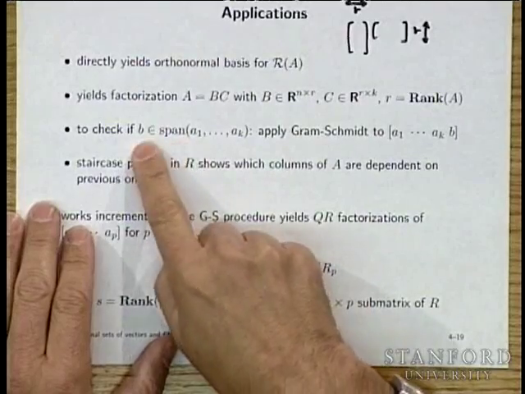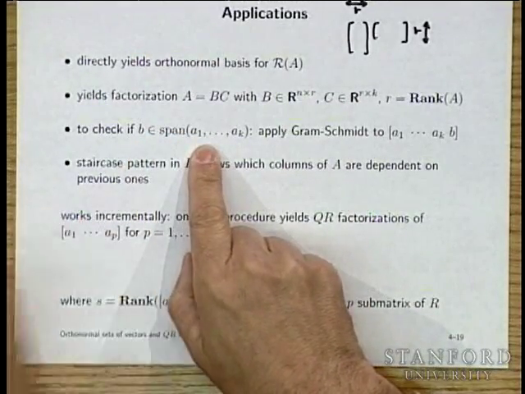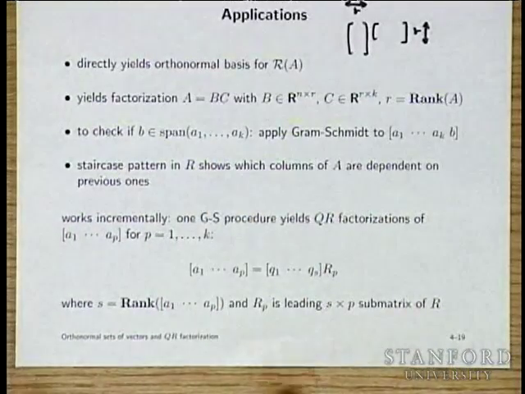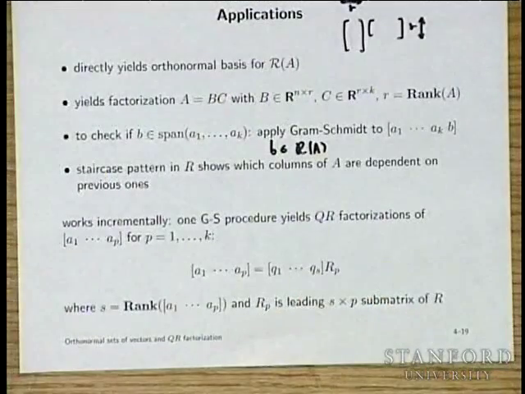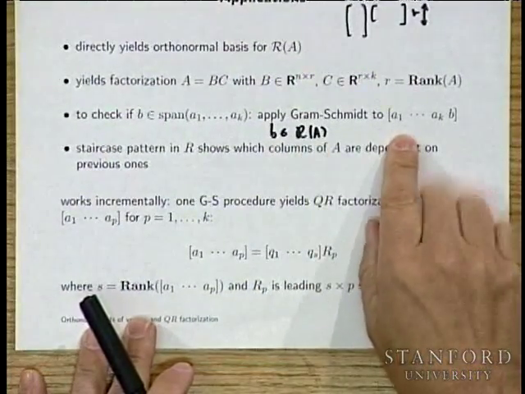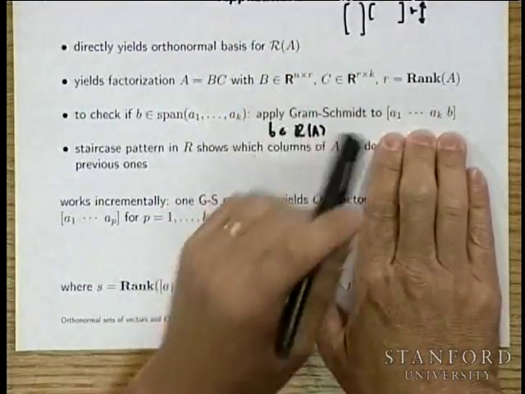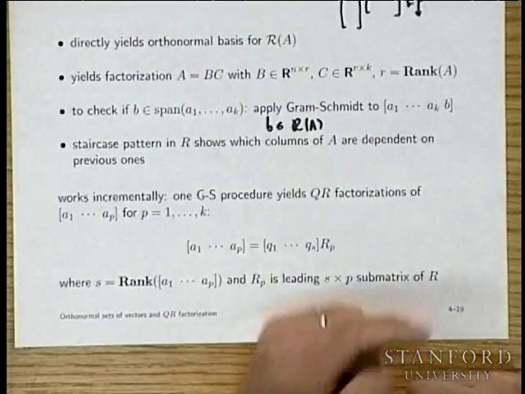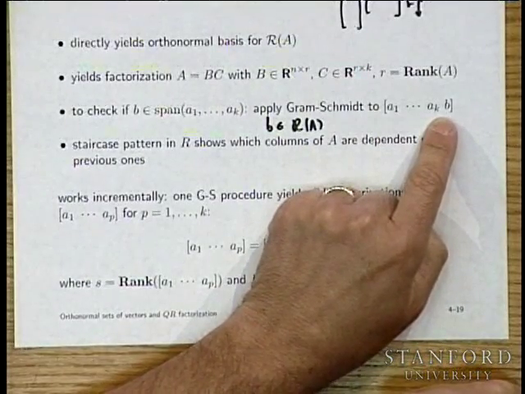OK. So let's see. We've already checked a couple of things. Oh, here's one. If you want to check if a vector is in the span of a bunch of vectors, for example, suppose you want to check if B is in the range of A. No problem. All you do is run the modified Gram-Schmidt on A1 up to AK and B. You only check that when B was pulled in, you generated a new vector.